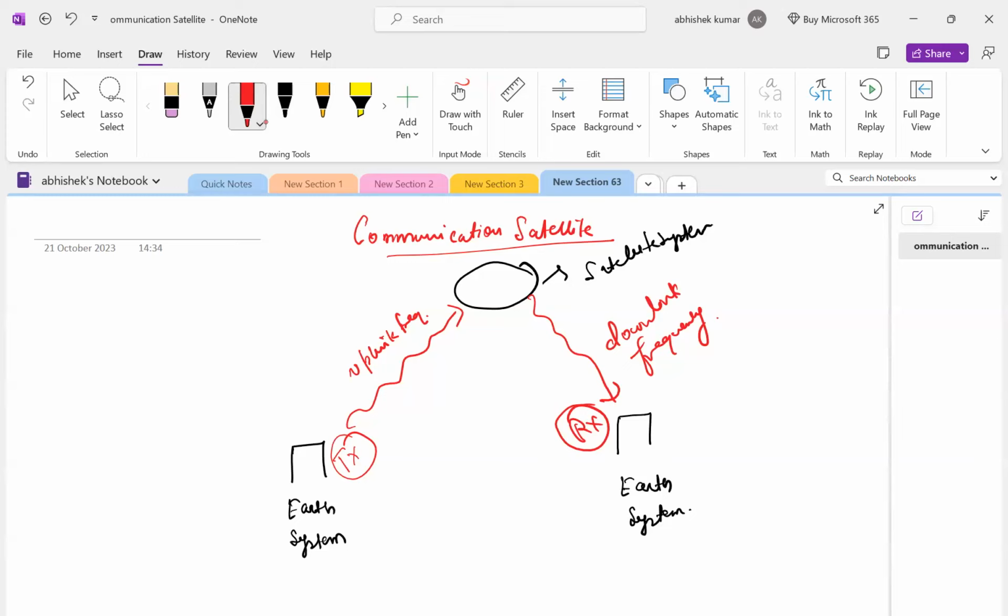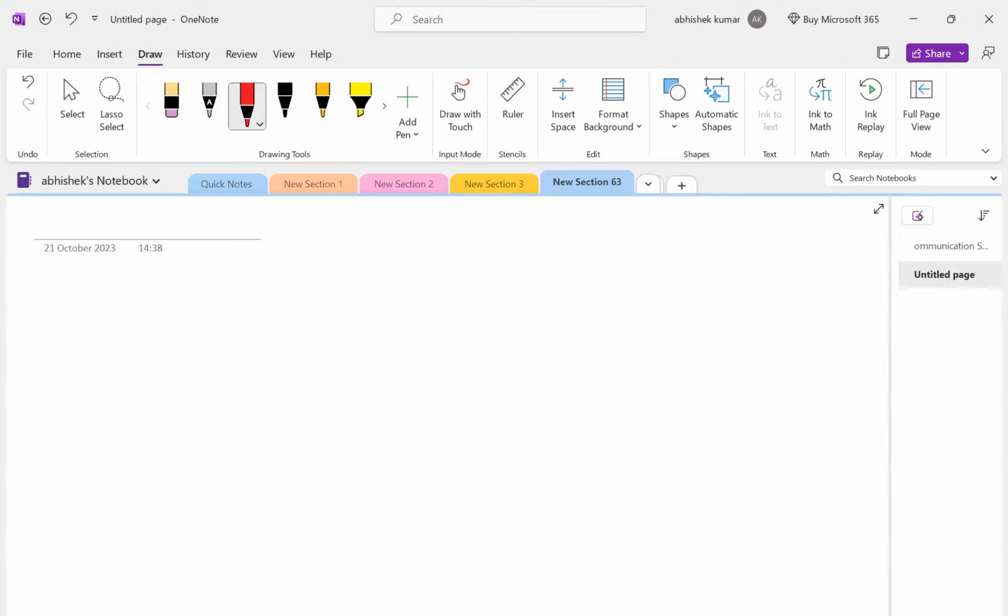We have low Earth orbit, medium Earth orbit, and geo orbit. The satellite placed in geostationary orbit, or geo orbit, is known as a geosatellite, and it is at 36,000 kilometers above the equator.